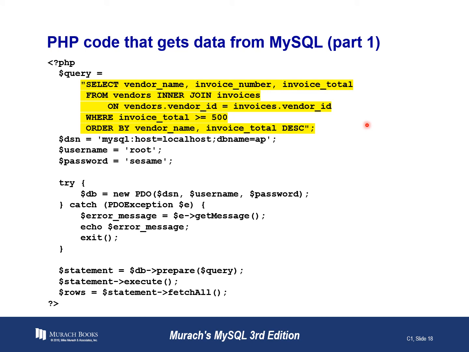The highlighted stuff is just the SQL query. As you can see, this is a select query with a bunch of different clauses. We have a few more strings here: the DSN is MySQL, the host is local. This is just the database connection details, and then you have the username and the password as well.